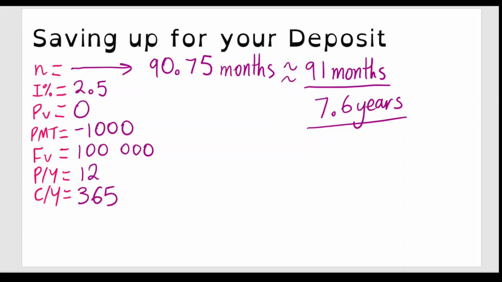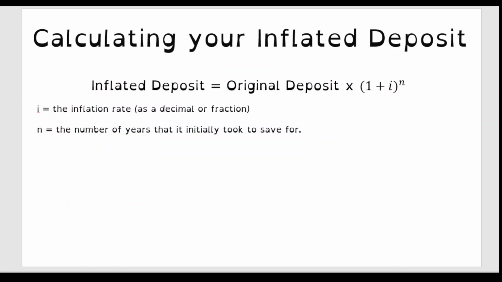Now that we've figured out how long it takes to save up, we also need to consider inflation. Keeping in mind this 7.6 years over here, when we are calculating an inflated amount, we need to consider the inflation rate, which is either a decimal or a fraction. We can't just do it as a whole number because that's going to really blow it out.